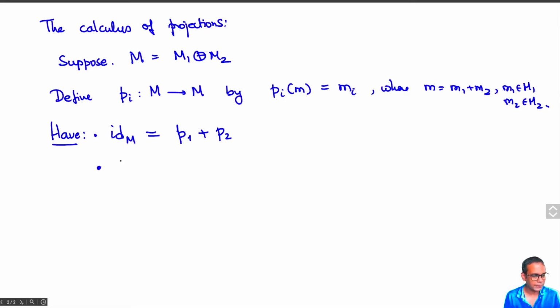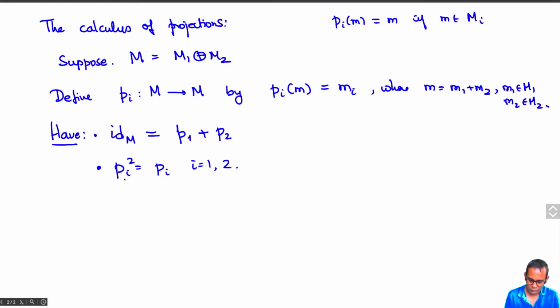The second property is that Pi squared is equal to Pi for i equals 1, 2. Each of these Pi's is its own square because once you apply P1 to m, you already get m1, and then when you apply P1 to an element of M1, it will be written as m1 plus 0, and so it is itself. So the point is that Pi of m is equal to m if m is already in Mi, and because of that Pi squared is Pi.